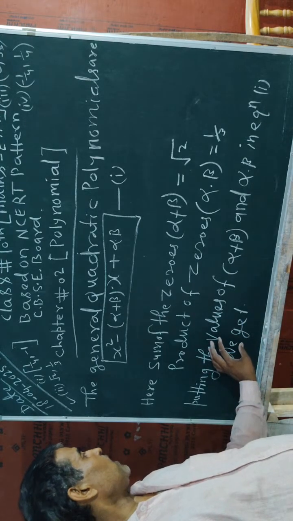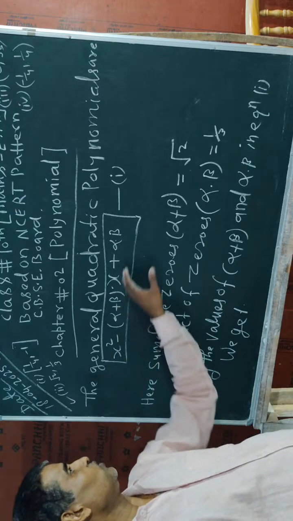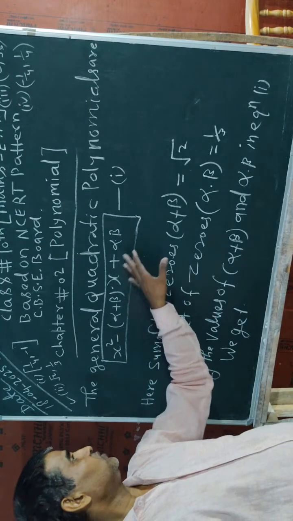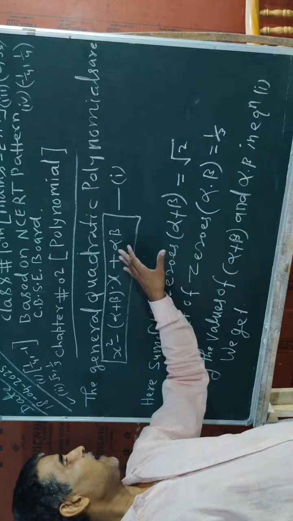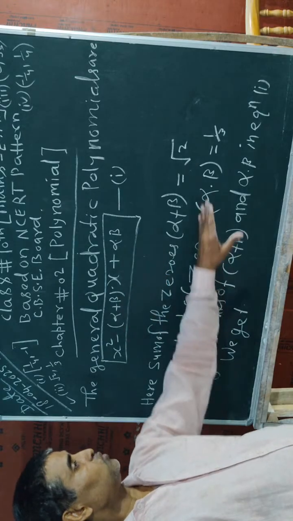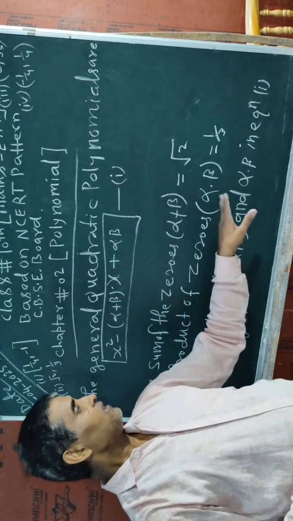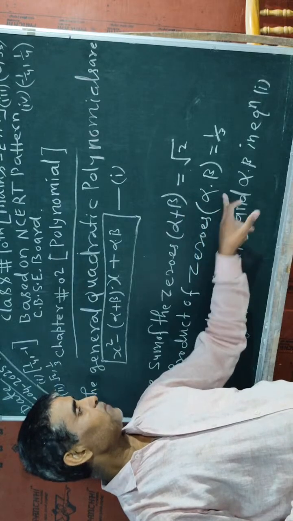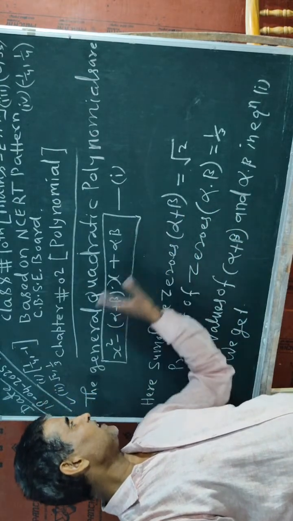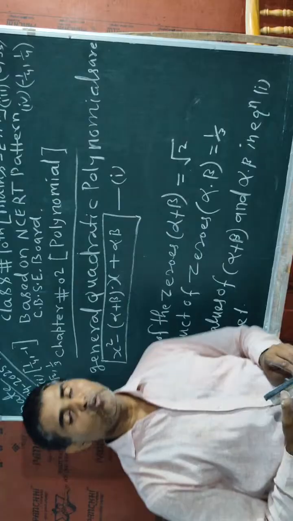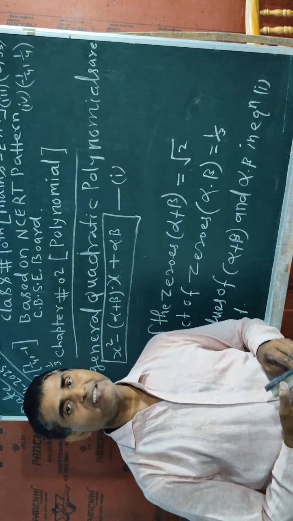After following it, you have to utilize this equation and this expression, and after substituting the values of alpha plus beta and alpha into beta in equation first, and after simplifying, you will get the particular quadratic equation.